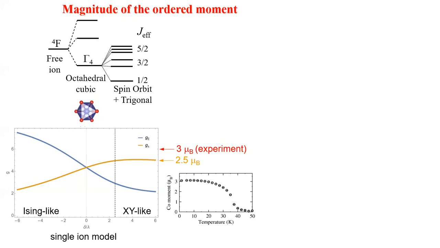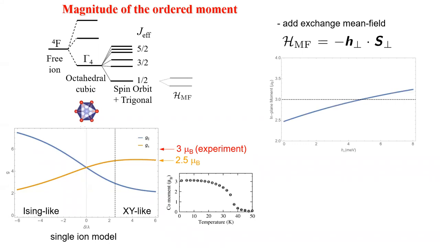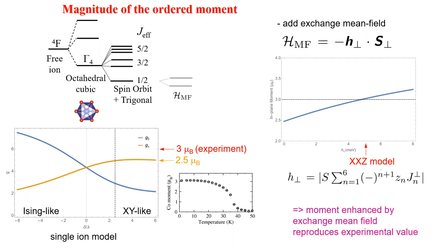However, what we've missed in this picture is the interaction with the neighbors. If we include the interactions with the neighbors, which we've already determined by fitting the spin wave dispersion, that will lead to a splitting of the lowest Kramers doublet, and we'll remix the wave functions of these levels, and that can produce a much larger moment than the single ion picture.